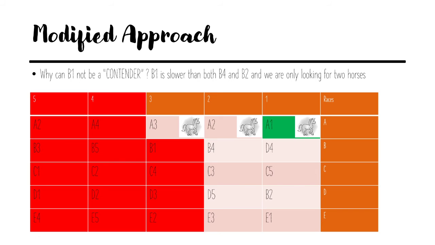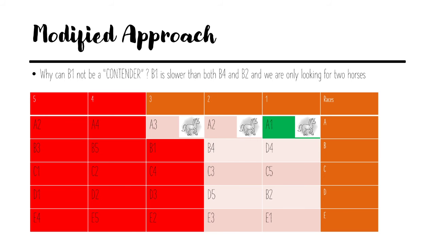So if we are convinced for some reason that the B group has the other 2 fastest horses in the game, then we know that it would be B2 and B4. But B1 is irrelevant in this case. The same logic applies to C4, D3 and E2. Okay, so we already eliminated those.